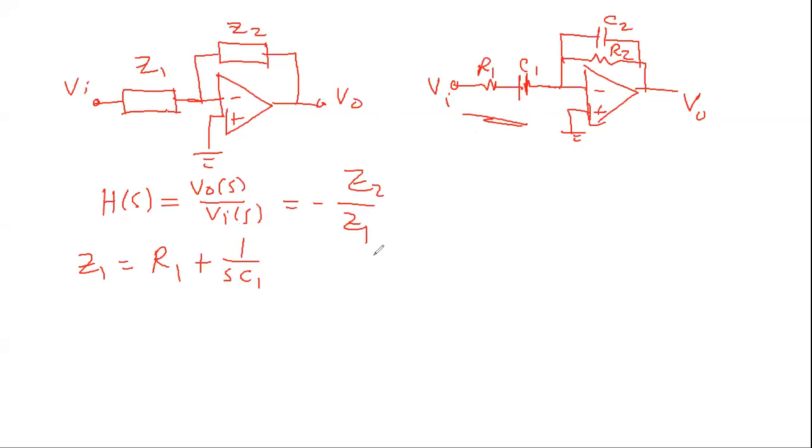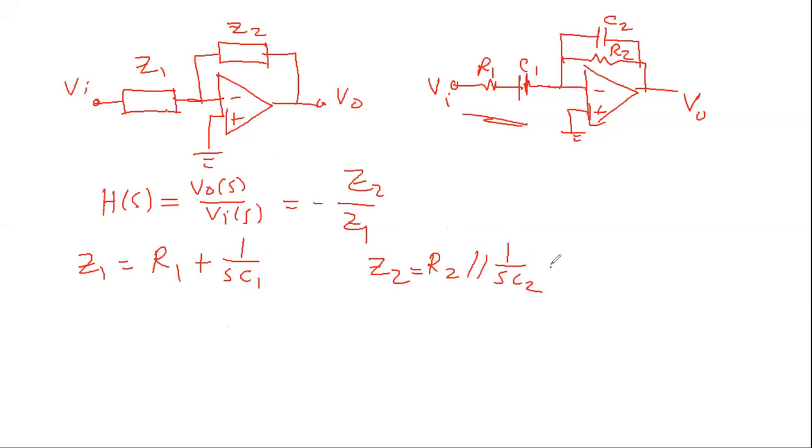Now, how about Z2? How much is Z2? Z1 is the series combination of R1 and C1, and Z2 is the parallel combination. So it's R2 parallel to 1 over SC2, right?